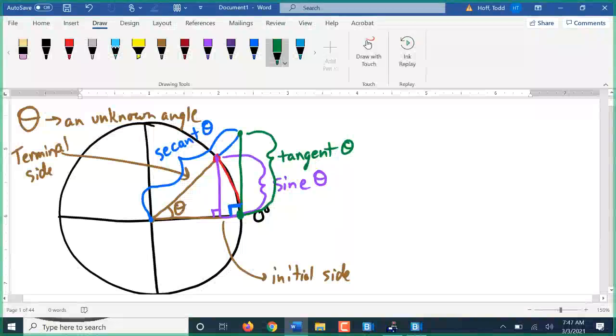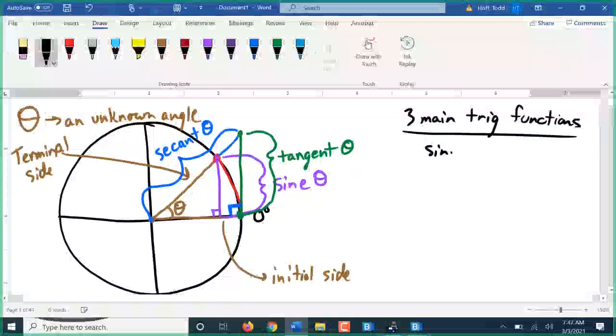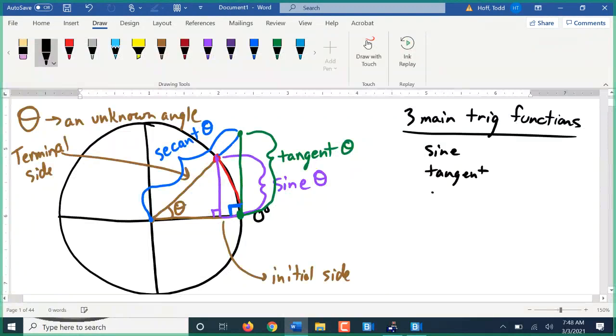So anyway, these are the three main trig functions right here. Sine, tangent, and secant.